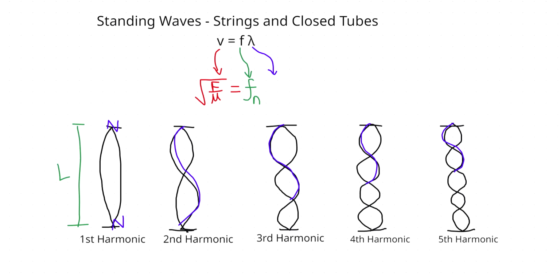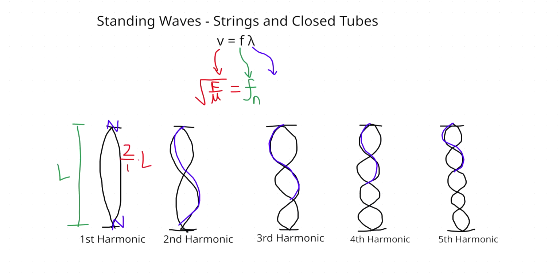It's actually half of a wavelength that is going to be the length of this string. So our formula that would calculate out wavelength for this one, in this instance specifically, would be 2L. Really, we're going to say 2 over 1, right? Times the length of the string. That's our wavelength for this fundamental first harmonic.